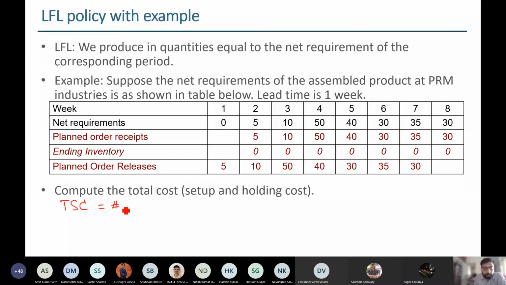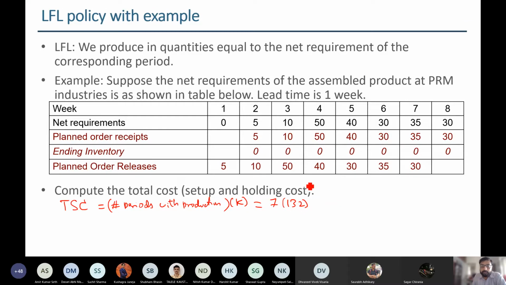It is nothing but the number of periods with production times K, the cost per setup. In our case, we have production at 1, 2, 3, 4, 5, 6, 7 periods. So it is 7 into K, which was 132.